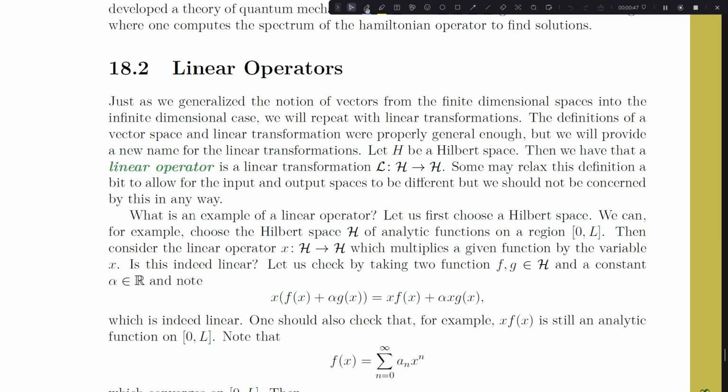So this section is on linear operators, and what you really want to think when it comes to linear operators is that these are just matrices in infinite dimensions, aka quote-unquote matrices on functions instead of vectors.